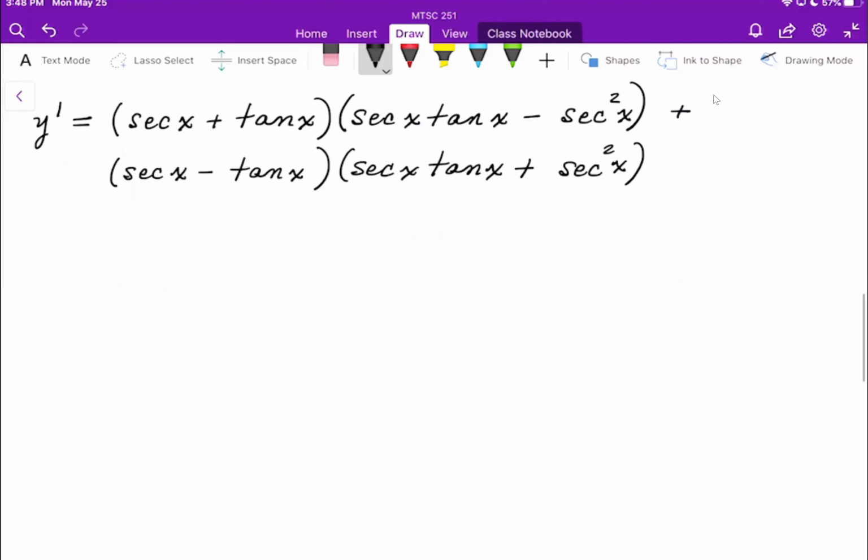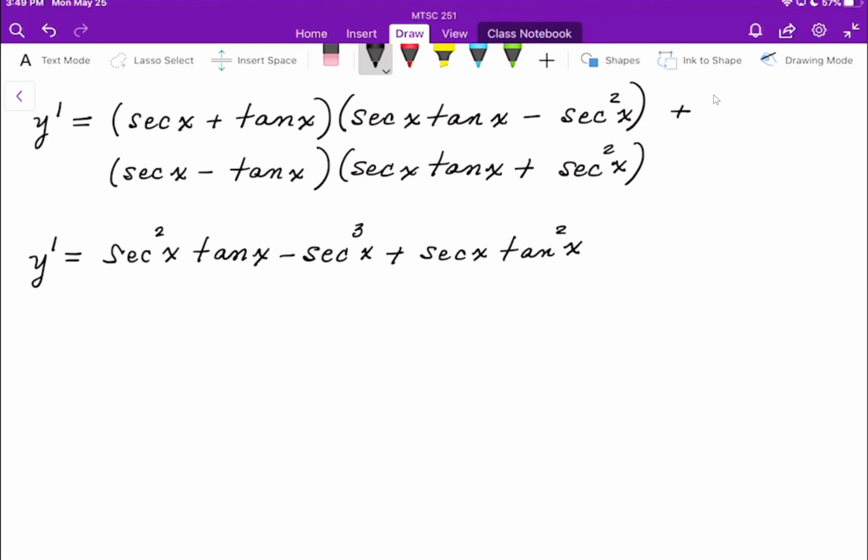So let's simplify. So the first two terms are going to give us secant squared x tangent x, minus secant cubed x. Then we're going to get plus secant x tangent squared x.